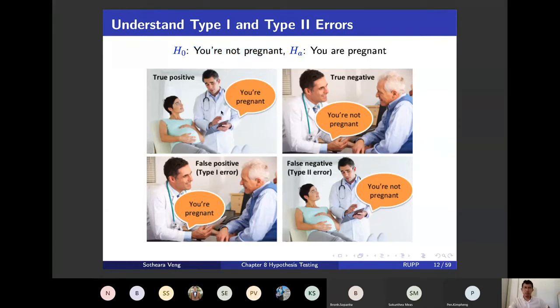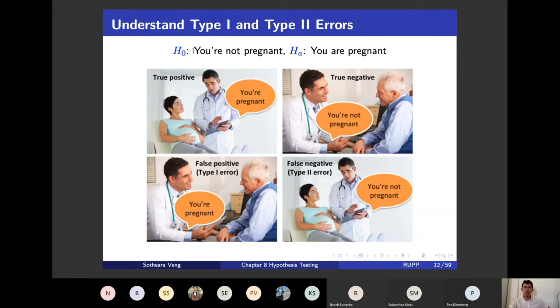But of course, this is your original claim, and in reality, this guy is not pregnant. It's true because he is a male. But you come up with a conclusion that this guy is pregnant. That is a possible error. And another error is that you do not reject the null hypothesis when it is false.